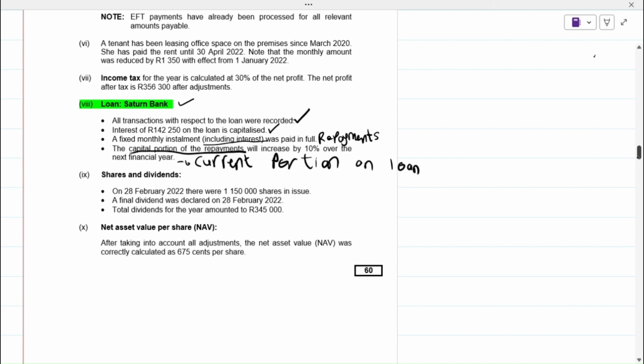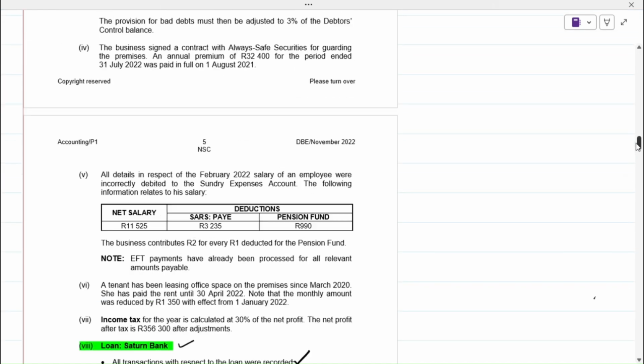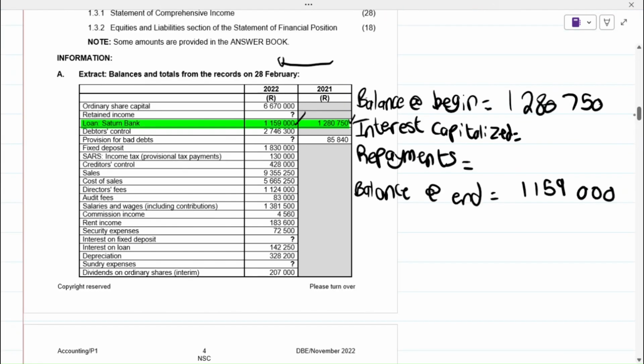So let's see. I have an interest of 142,250. So let me just fill it in here. My interest capitalized is 142,250.